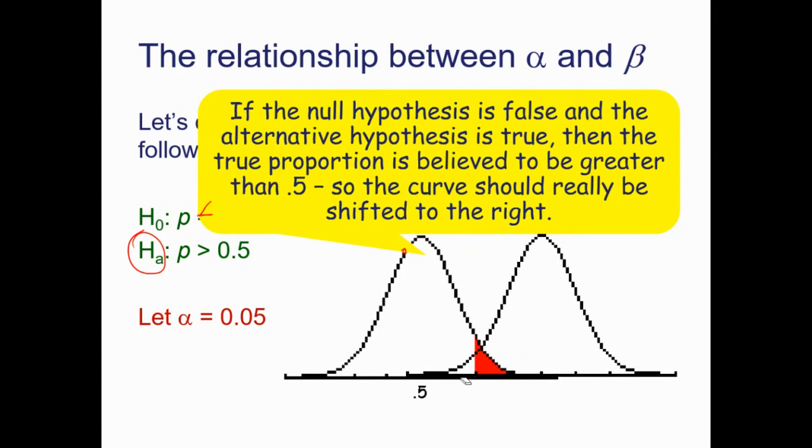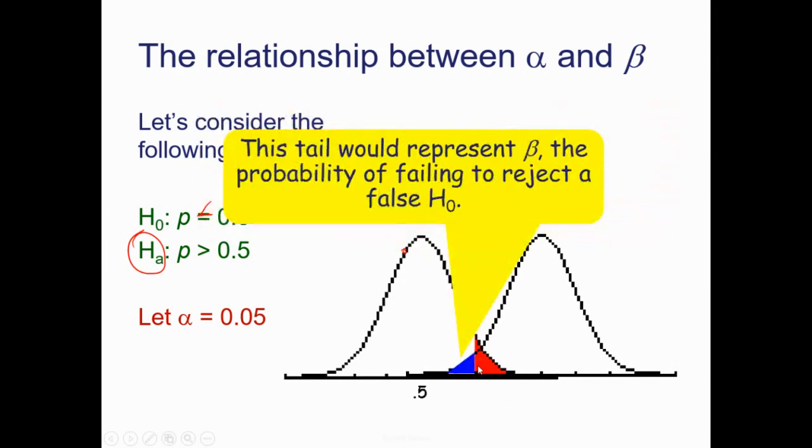Well, you see this piece of our new curve that's not shaded in right here? That's going to be our type 2 error. So that blue part would be the type 2 error. If we look, they both look decently sized. They look about the same.